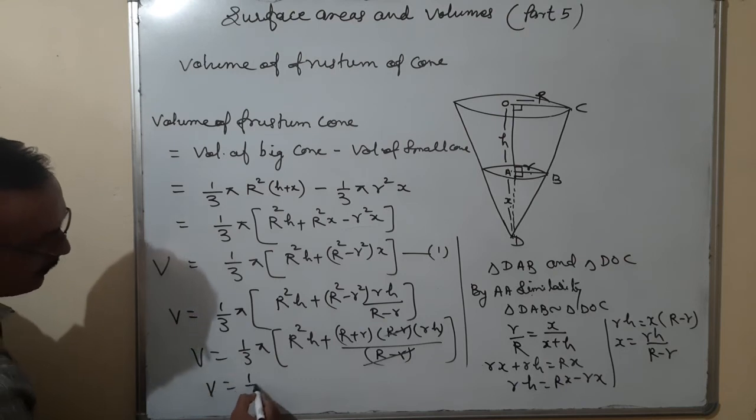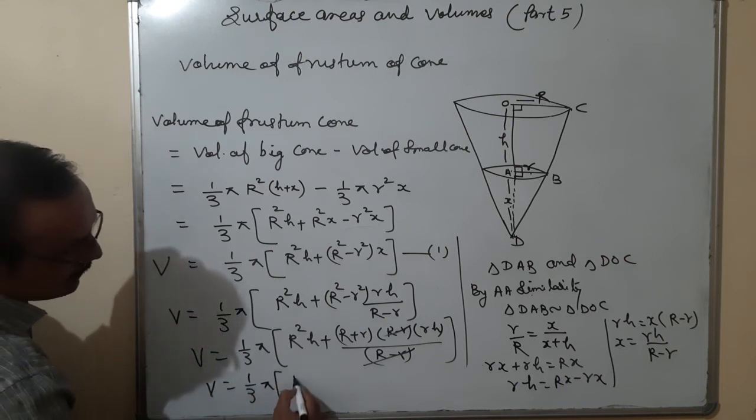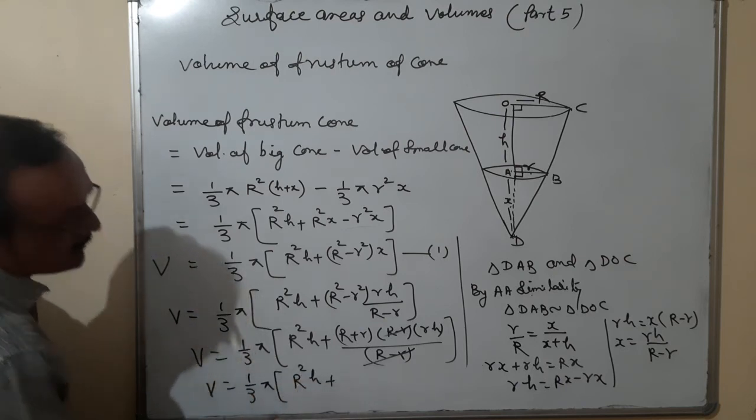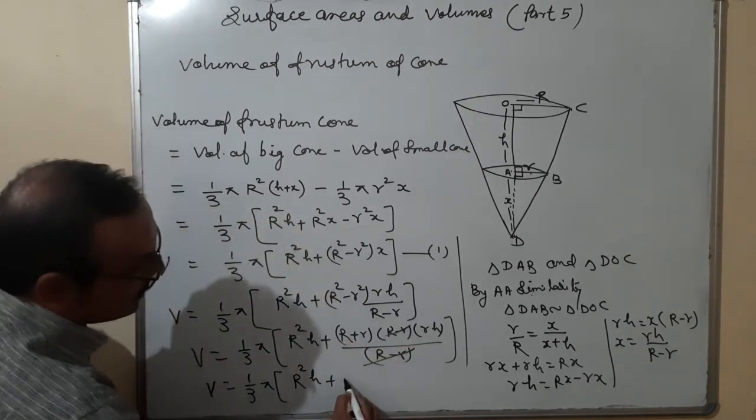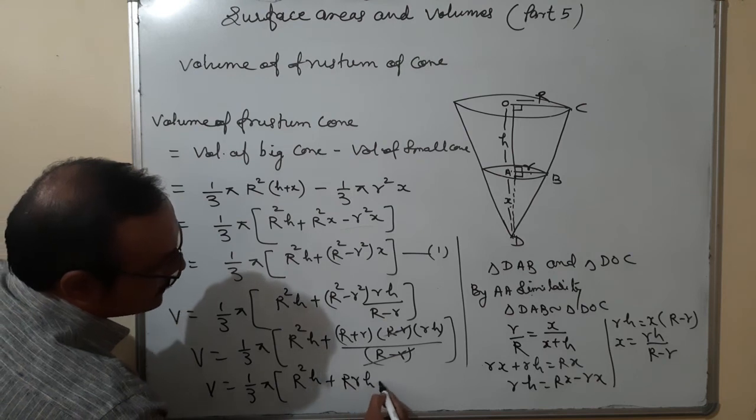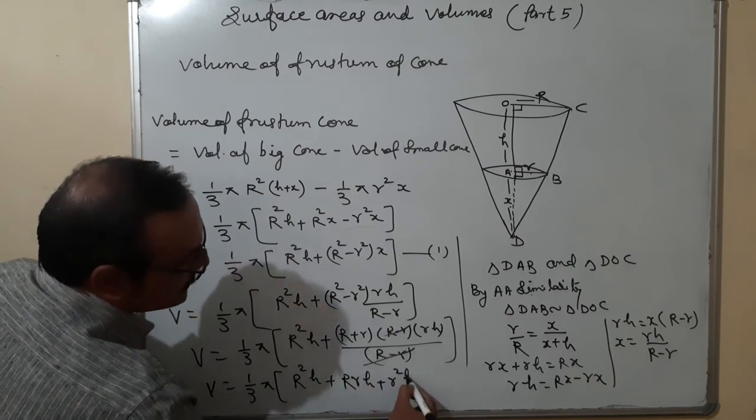V is equal to 1 upon 3 pi R square h plus (R square minus r square), that is (R plus r) and (R minus r), into rh upon R minus r. This R minus r cancels. V is equal to 1 upon 3 pi R square h plus Rrh, where r is small r, plus capital R r h plus r square h.